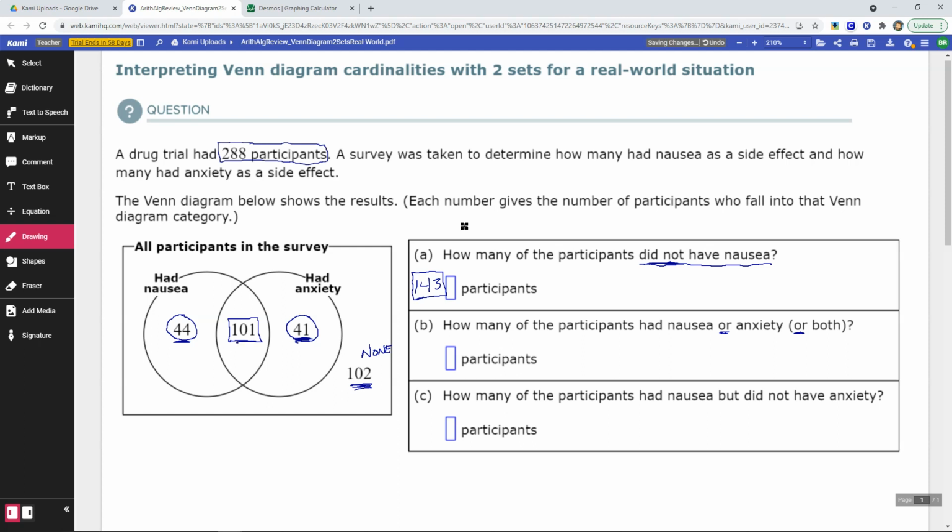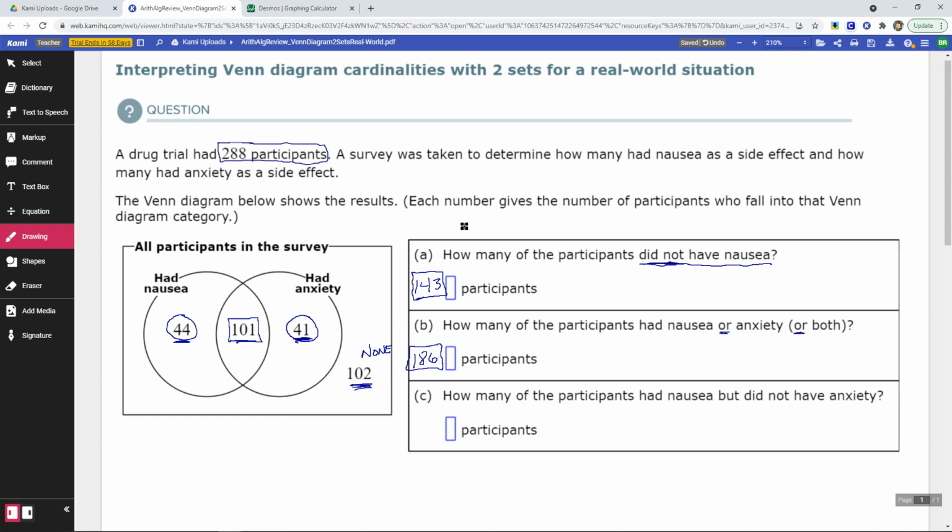So if we have nausea or anxiety or both, that means that we need to combine all three of these. 41 plus 101 is 145. 145 plus 41 is 186. So we have 186 participants that had nausea or anxiety or both.